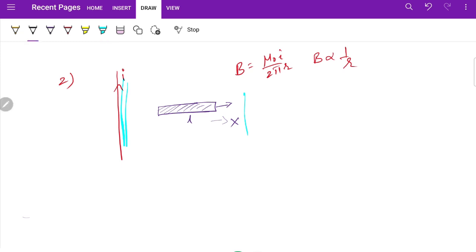For example, this is point A and this is point B. Point A is near the straight conductor, so it will face maximum force compared to point B. That means a non-uniform magnetic field acts on the rod.